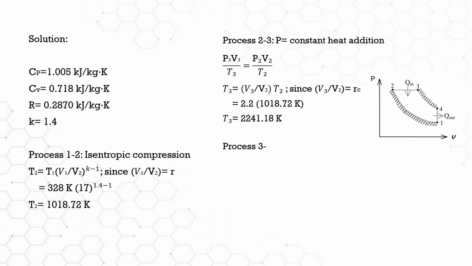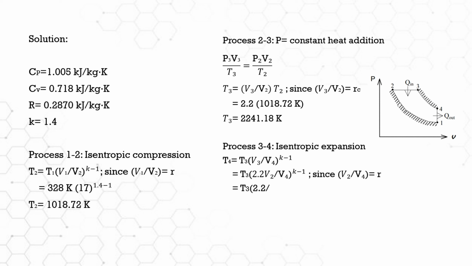For the process 3 to 4, isentropic expansion, the formula we are going to use is temperature at state 4 is equals to temperature at state 3 multiplied to volume at state 3 over volume at state 4 raised to the power of our specific heat ratio minus 1. Since volume at state 3 over volume at state 4 is equivalent to our cut-off ratio multiplied to volume at state 2 over volume at state 4, we rearrange the formula.